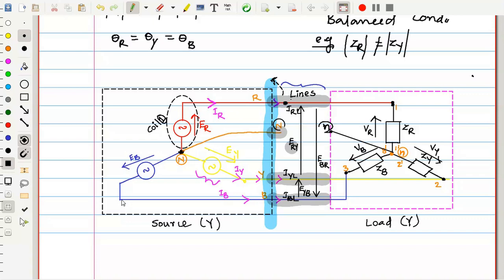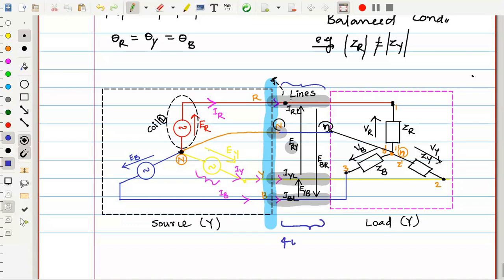So first we will take up the four wire system. A four wire system is nothing but adding the neutral wire also through the lines. Try to observe: in the lines, how many wires are there?